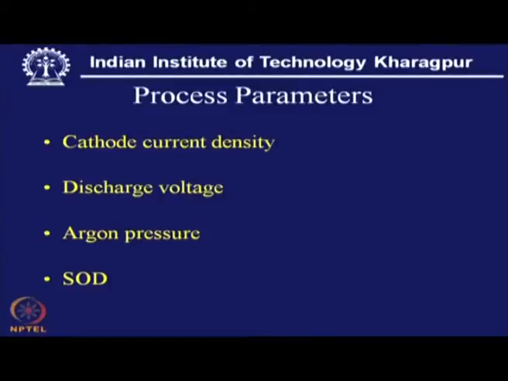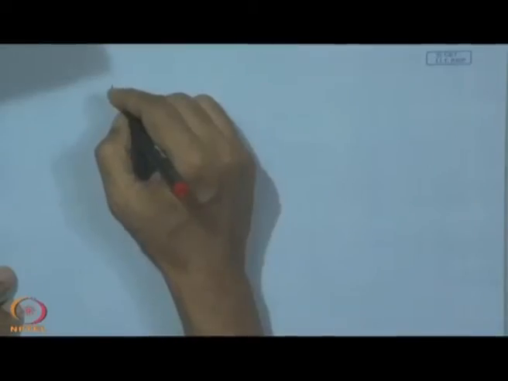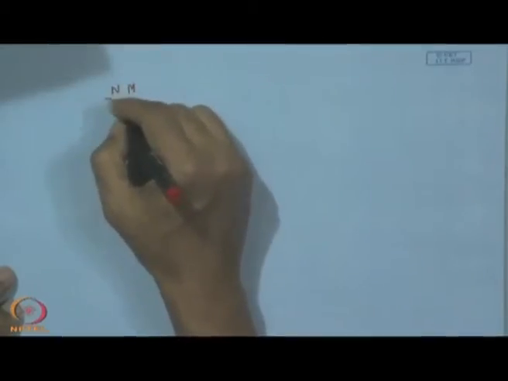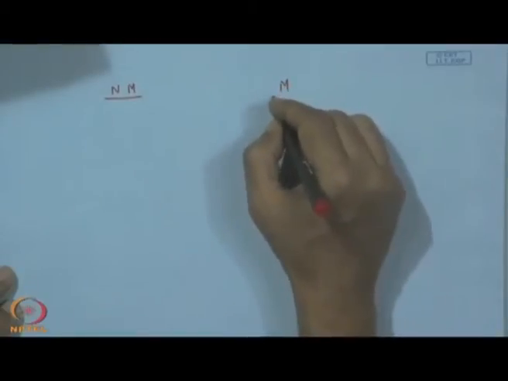So, these are the few parameters which will be of immediate interest to anyone who will be interested to operate this sputtering device to get a coating having all the required properties. That means, if we have non-magnetron on this side and this is magnetron.